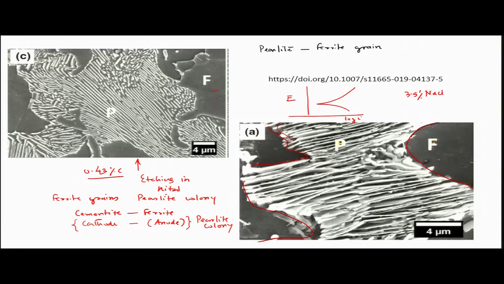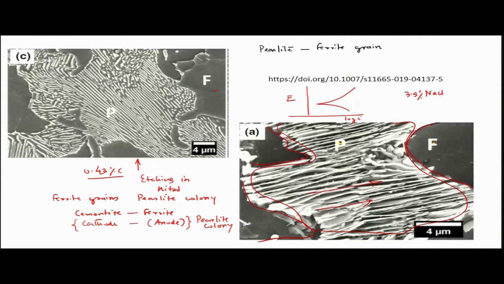So, this part is basically a pearlite colony, and you can say that this is almost a single pearlite colony, because all the lamellar orientation is similar in one direction, all are in this direction. Okay. So, that is why it is a single colony.